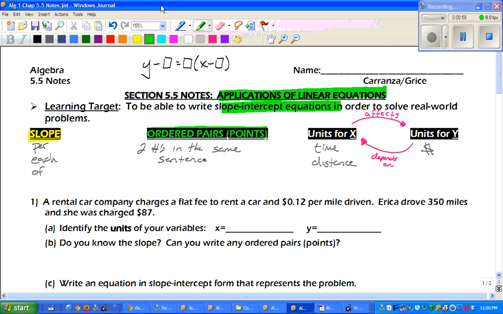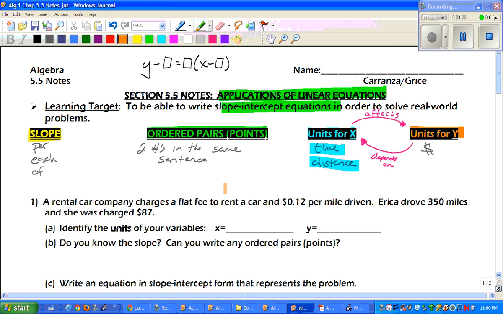It's going to help us out a lot. Units for x are time or distance, and the key thing to note is that the x, the time or distance, affects the y. And most of the time, y is going to be the money, and that depends on the distance.